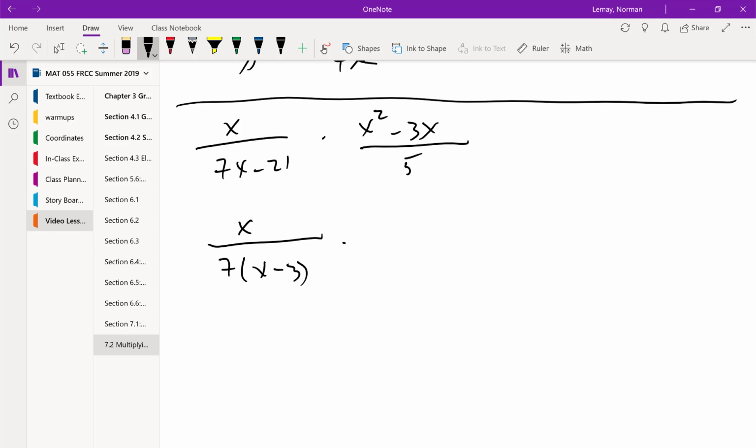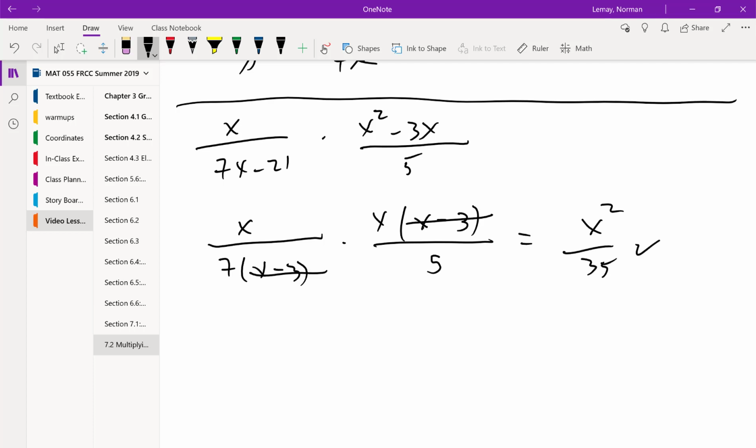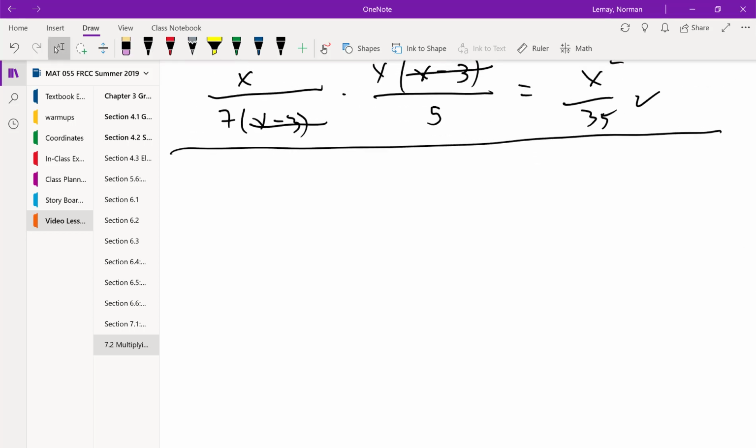Up here we have an x, and then we have an x minus 3, divided by 5. Now the question is can we get rid of some things here? Nothing with numbers. I have an x minus 3 and an x minus 3. Can't get rid of the 5, can't get rid of the 7. So up top we're left with x squared, and on the bottom I'm left with 35.